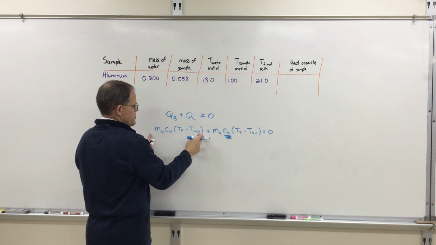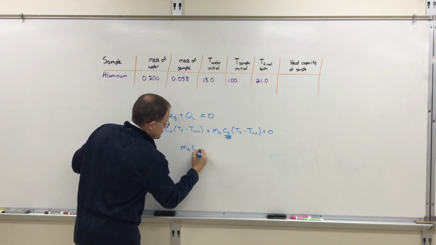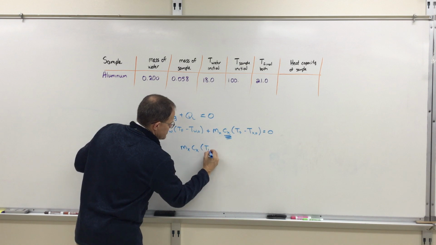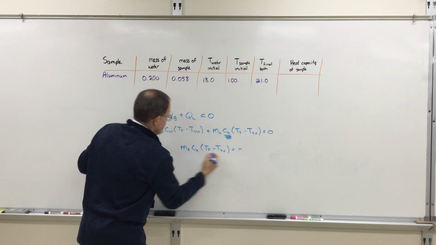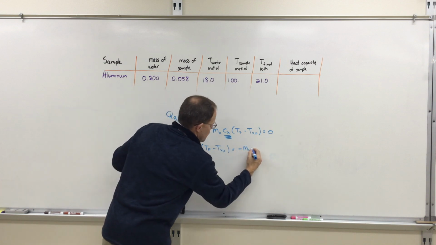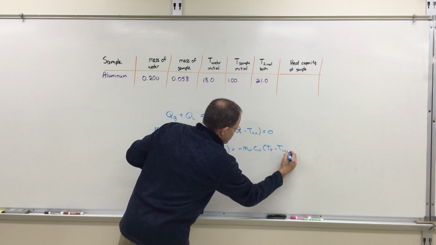So if you bring this term to the other side of the equal sign, you get mass of X times C of X times temperature final minus temperature of X initial equals minus the mass of the water, heat capacity of water times temperature final minus the temperature of the water initial.